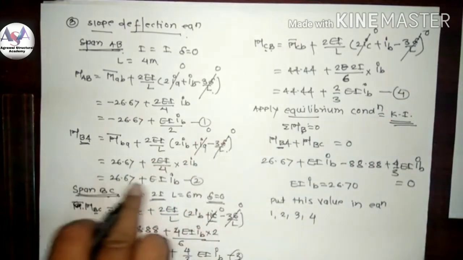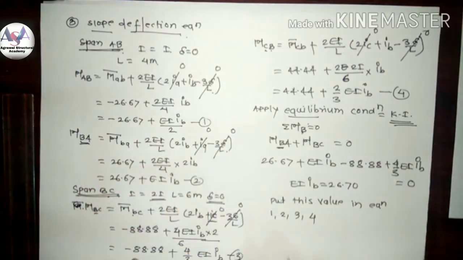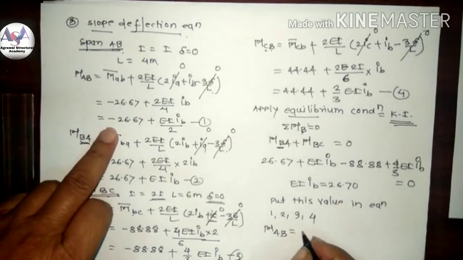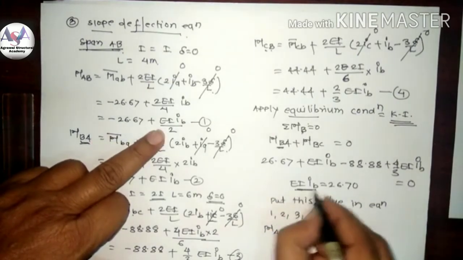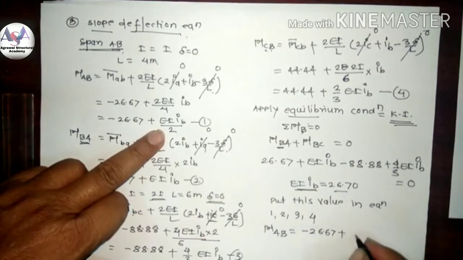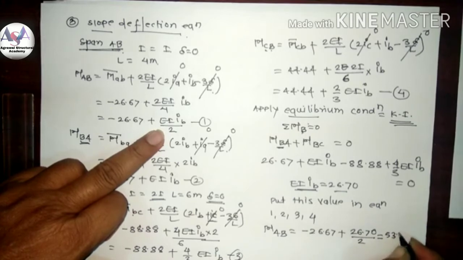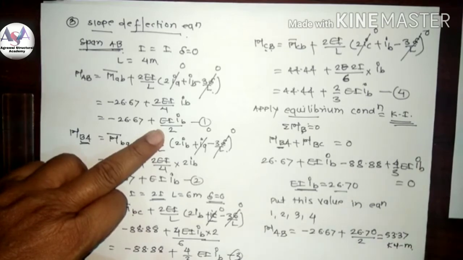So here if you put the value of EIθB in each equation, we'll get the values. As a sample, I calculate here for MAB only: minus 26.67 plus EIθB. Here put EIθB is equal to 26.7 divided by 2, so that is equal to minus 13.335.